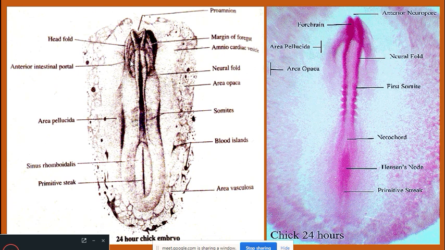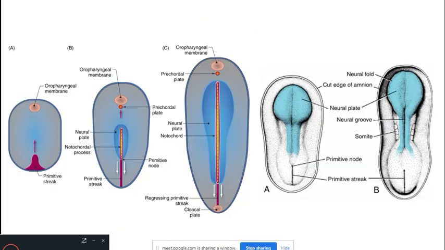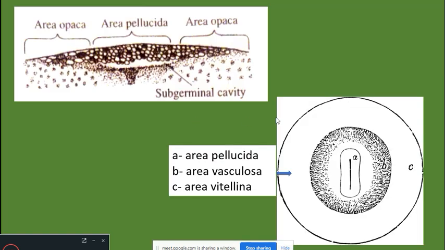And last one is the differentiation of this area opaca into an outer or distal area vitellina and an inner or proximal area vasculosa. Area vasculosa is rich in mesodermal tissue, that is why it is having a dark and mottled appearance. Area vitellina is lighter because of the presence of yolk beneath. So, this finishes the salient features of the 24-hour chick embryo. Thank you.